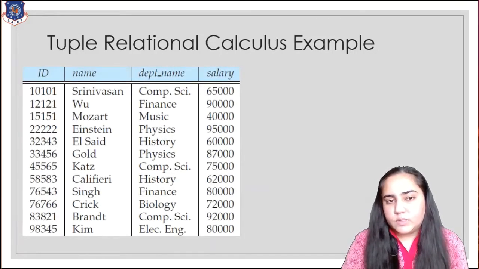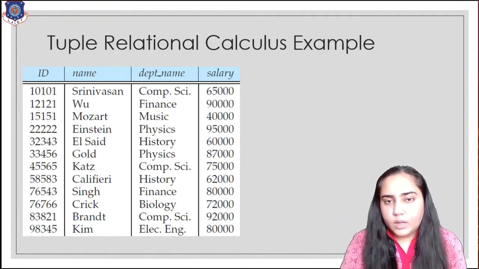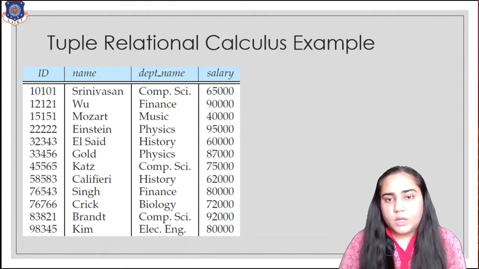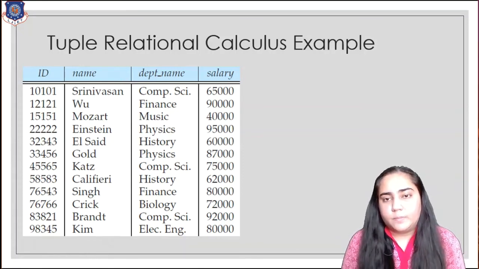Consider this table. This is an instructor table which contains details of several instructors, their IDs and names and their department names and their salaries. And this is also a table that I have used in many videos, previous ones and even forthcoming videos, even in relational algebra, because relational calculus is just like relational algebra.